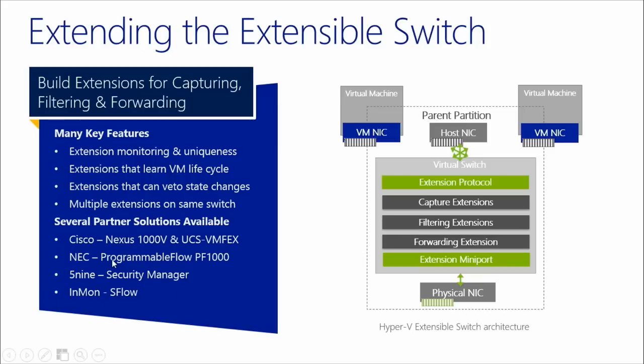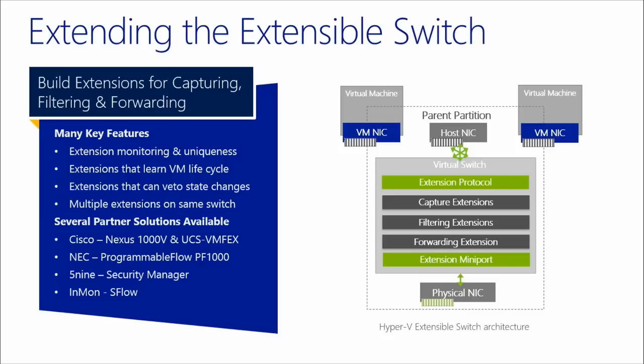NEC with their OpenFlow PF1000 extension plugs into the switch. The Cisco Nexus 1000V, which many of you may be familiar with from the VMware world, plugs into the extensible switch. They don't replace it, they plug in and extend it, which is very different from the VMware world.